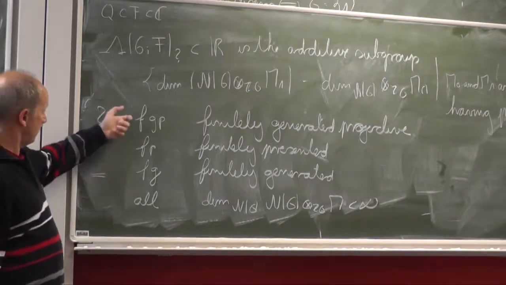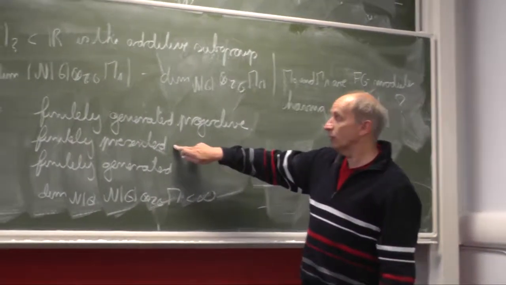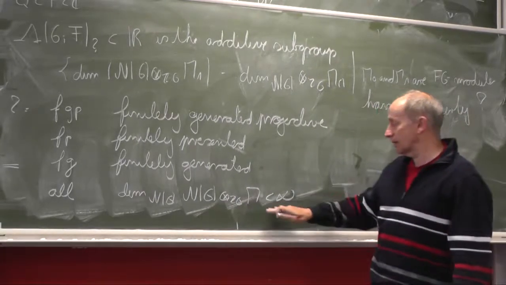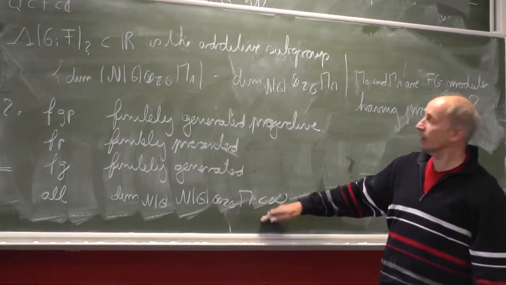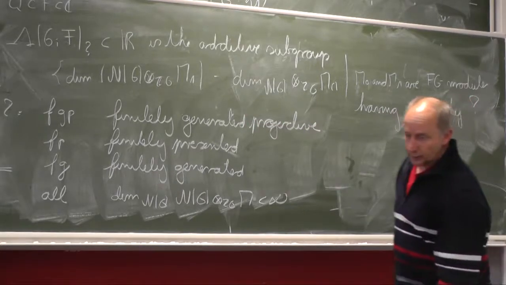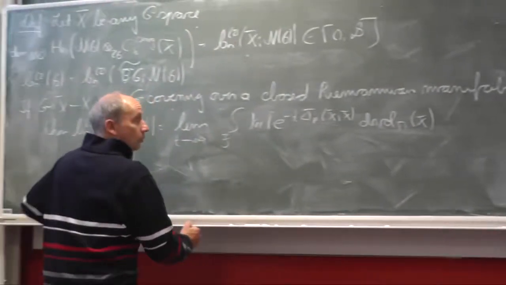So the difference is here that I will require that these modules are either finite and projective, maybe only finitely presented, or even more general finitely generated, or just any module, but at least the dimension should be a small infinity, otherwise I can't write down this minus sign. So there's a first obvious interaction between these two.